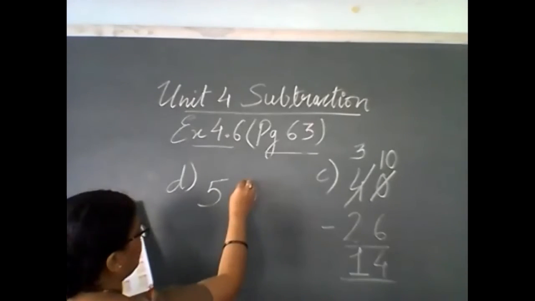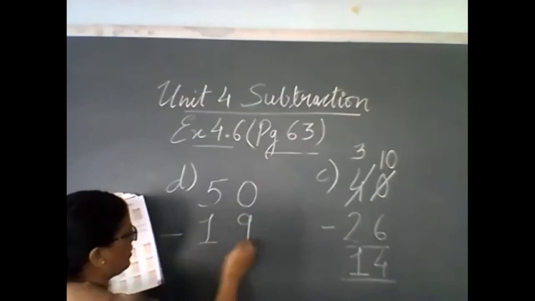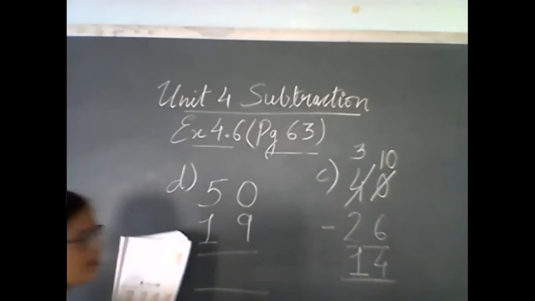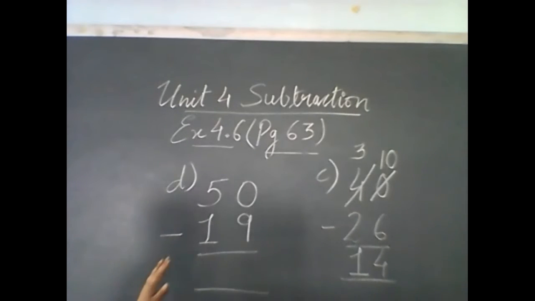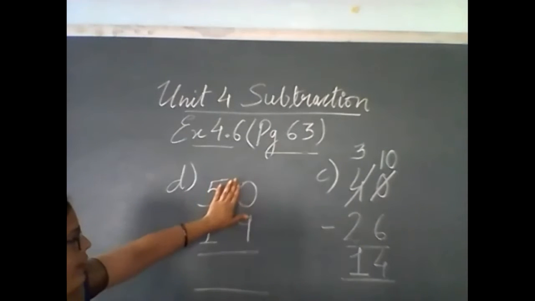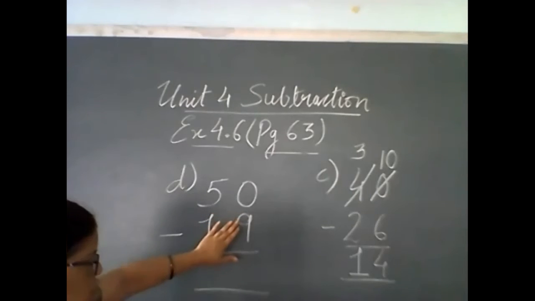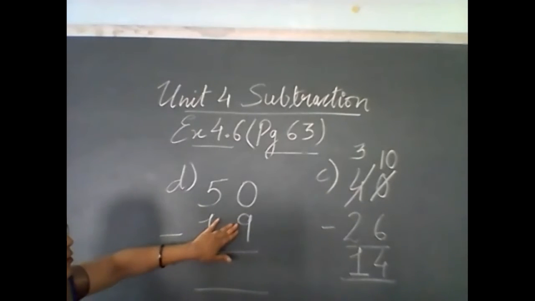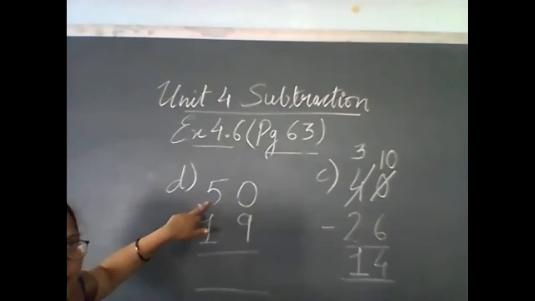The numbers we have to subtract are 50 and 90. Okay, this is question number D. Now again see here. We have 0 and 9 at one's place. So to subtract the number from 0, now we'll borrow from 5.